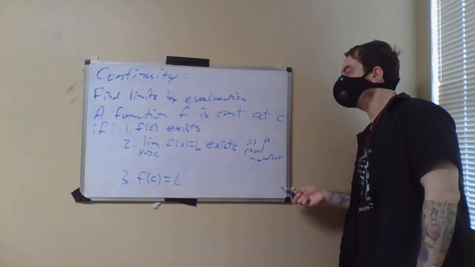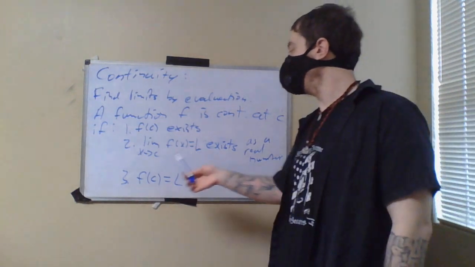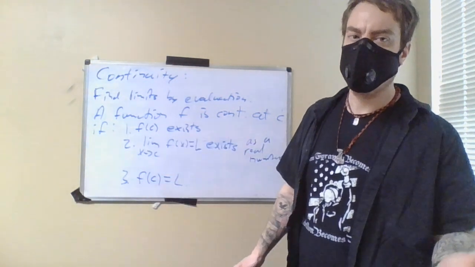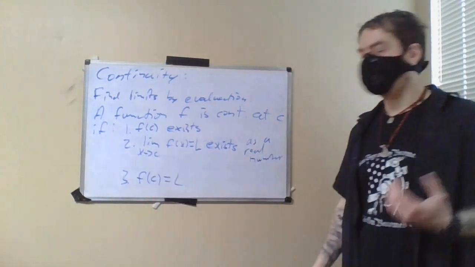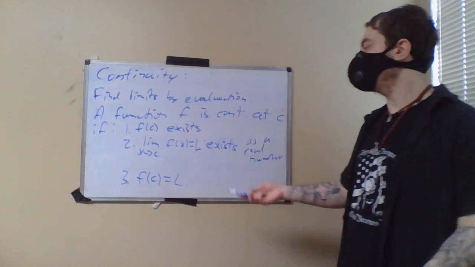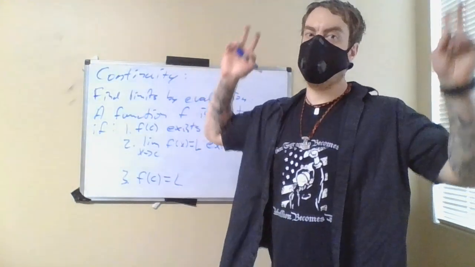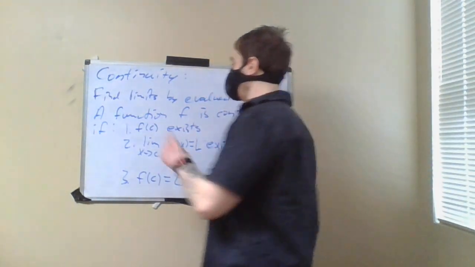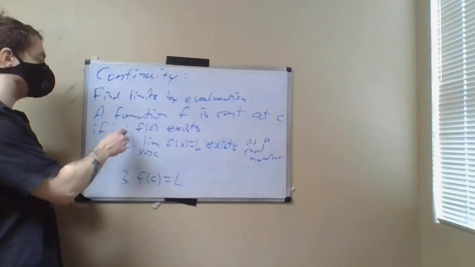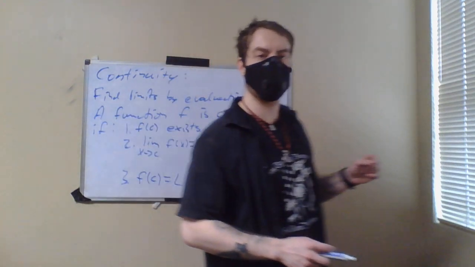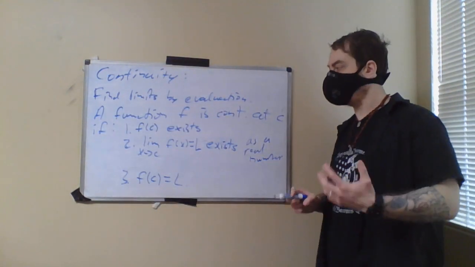But we want to be careful. We want to make sure that nobody says, what if both of them are infinite or something like that? That wouldn't make sense because a function cannot take on such a value. But then you could say, what if they're both undefined? Then two undefined things are equal or something. So we want to be careful to make sure that nobody gets confused that way. That's why we add in conditions 1 and 2, that both of these quantities exist as real numbers.